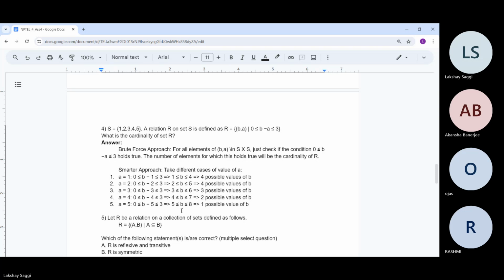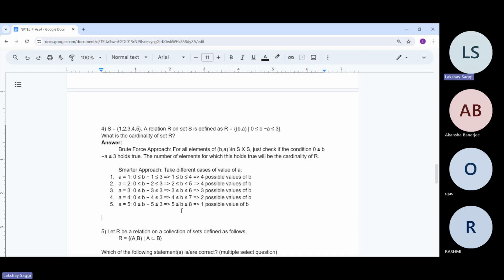So the total possible values for B, A would be just the summation of all of these cases, right? All of these cases are disjoint. A is 1, 2, 3, 4, 5. All of these cases are disjoint. So this means that for finding the final answer, we just need to sum up these cases.